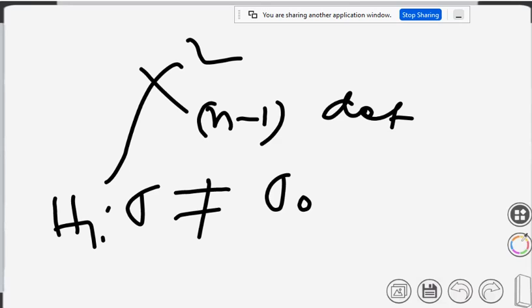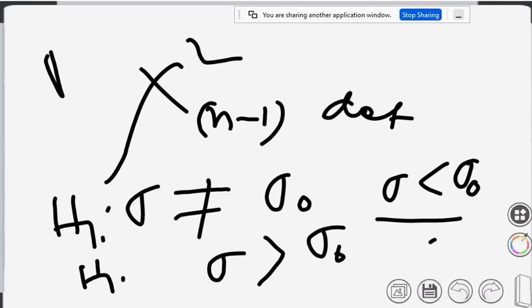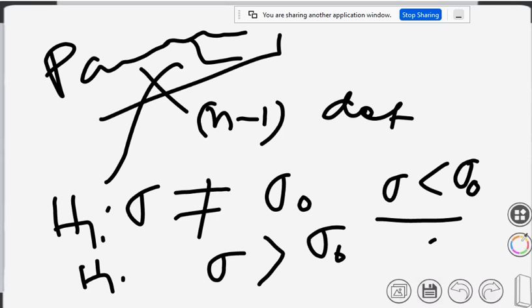If it is sigma greater than sigma 0, it will be a right tail test, and if it is sigma less than sigma 0, it will be a left tail test, so accordingly you have to find the value. Mind that this is a parametric test, and we have already discussed the non-parametric tests corresponding to the chi-square distribution.